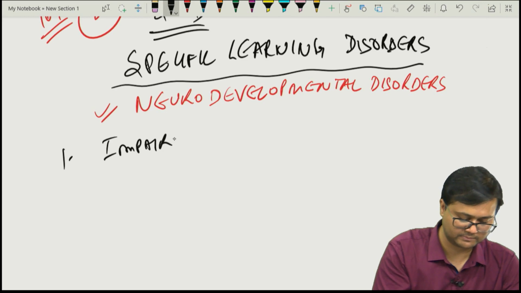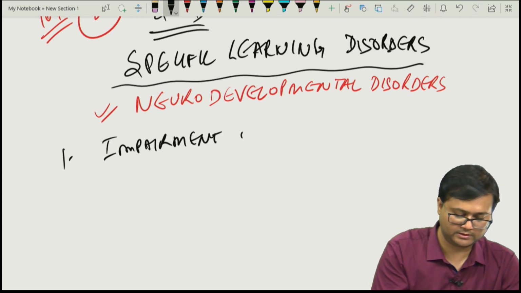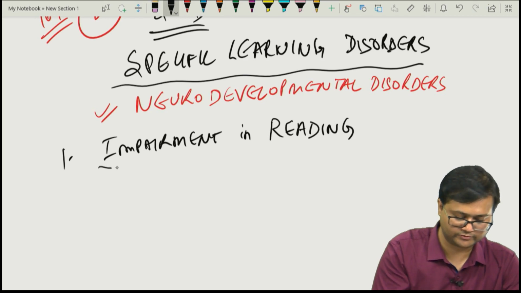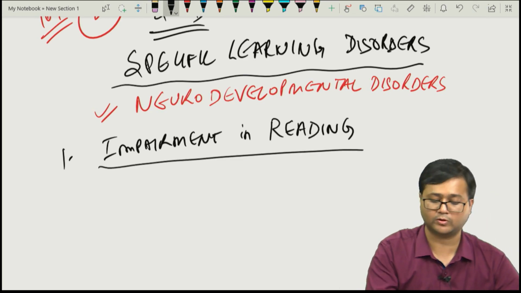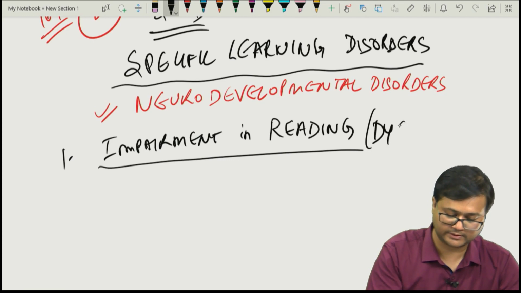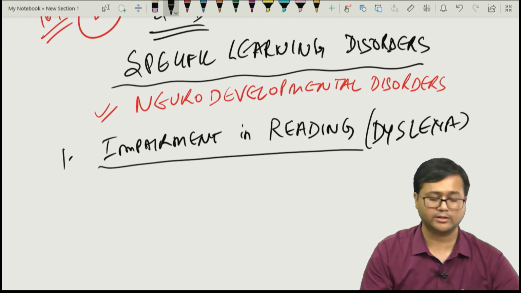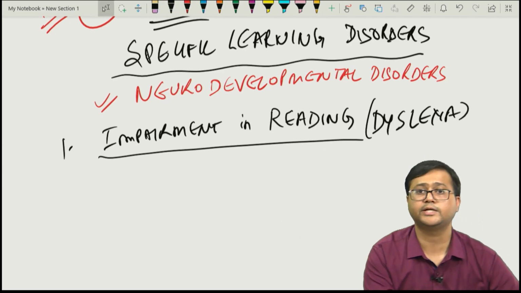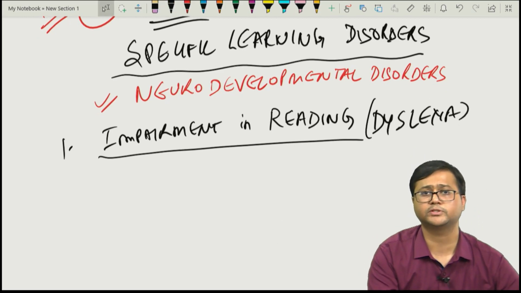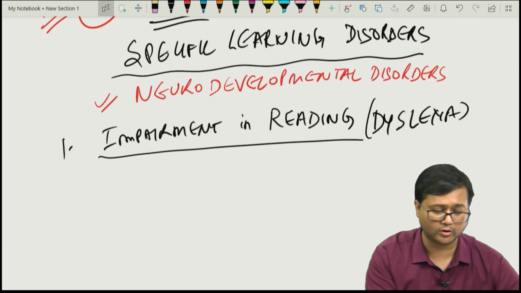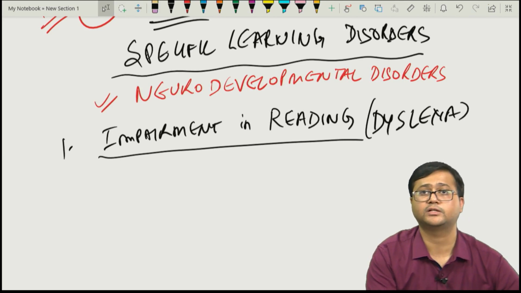The first is impairment in reading, also known as dyslexia. So there is impairment in reading. Here there are reading as well as spelling difficulties. So a person will not be able to read well or will have certain spelling difficulties. He may not be able to spell the words.